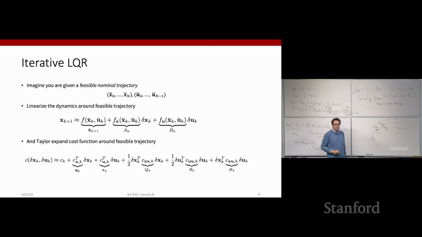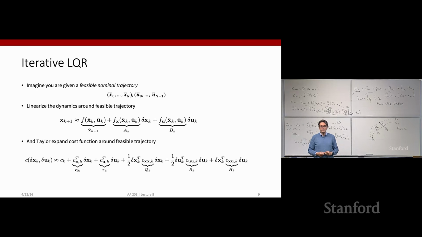So basically, you want to perturb each waypoint in such a way that you get a new trajectory with lower cost. So then the question is, can we use LQR techniques to select these kind of perturbations in a principled way?